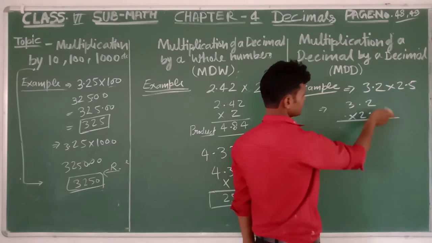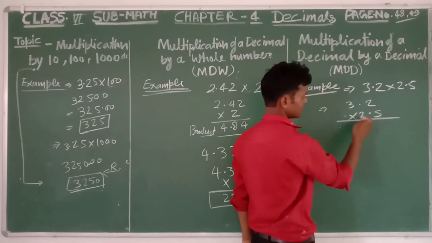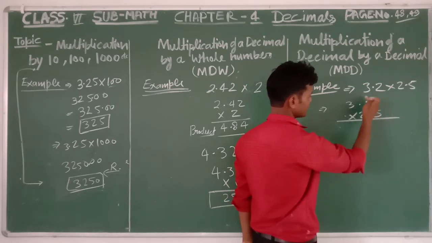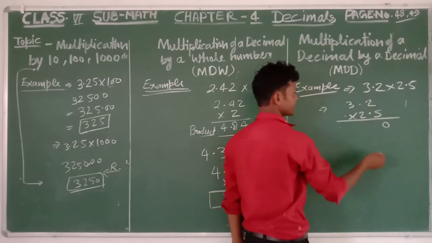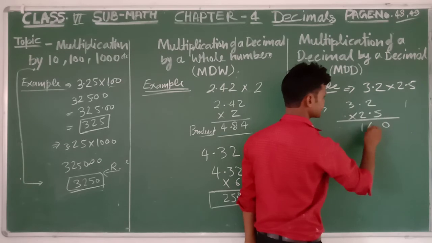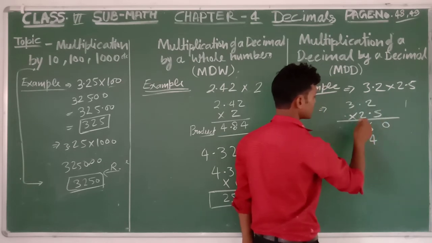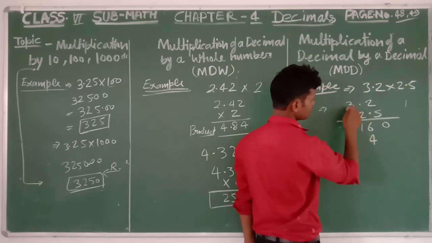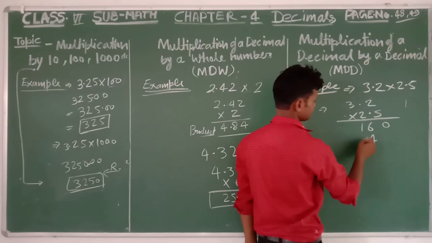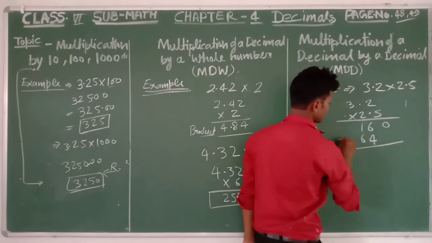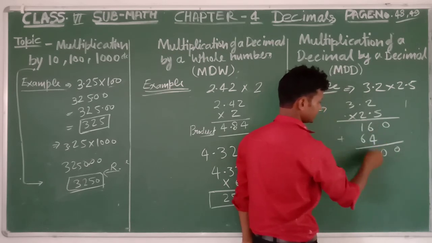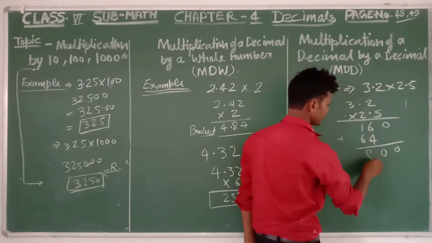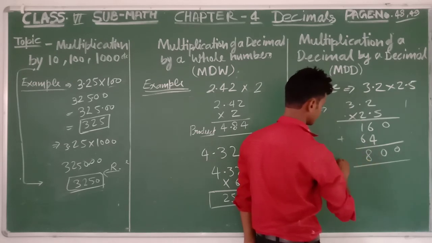So we are going to first multiply this number for this number: 5 2s are 10, 5 3s are 15 plus 1, 16, 2 2s are 4, 2 3s are 6. And you add this 0, 10, 6 and 4 is 10, 6 and 1 is 7 and 8. You get 800. This is called the product.